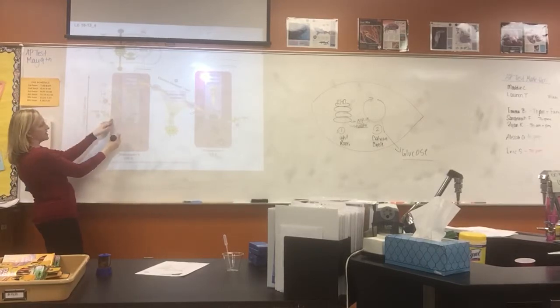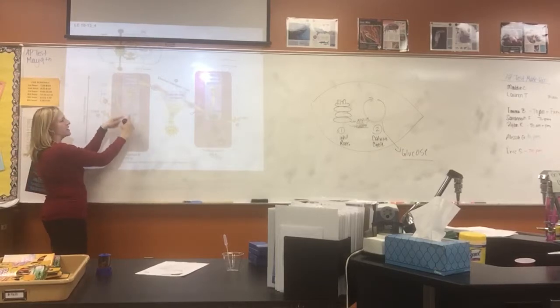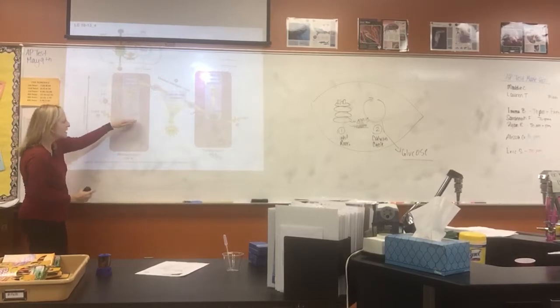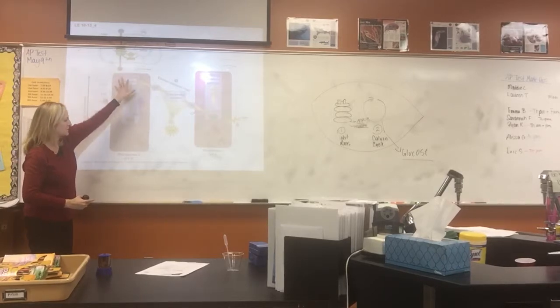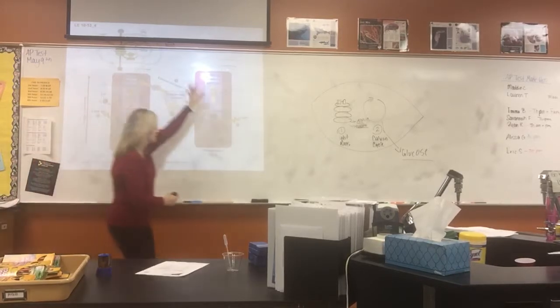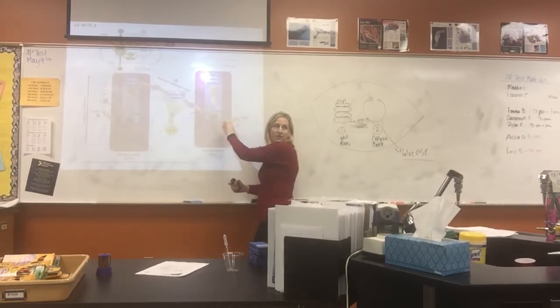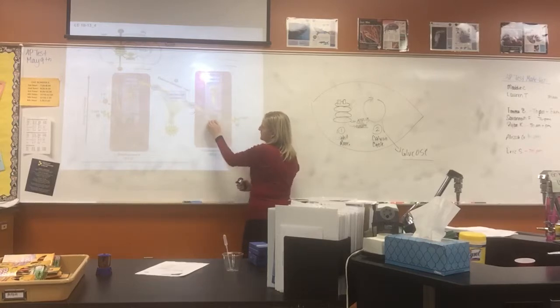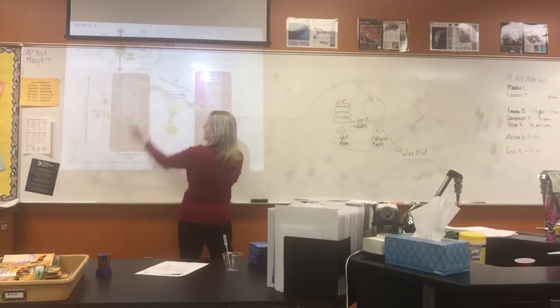So light comes in, is absorbed by a pigment, gets transferred from pigment to pigment, eventually getting to chlorophyll A. The electron gets excited, and the primary electron acceptor accepts it. So that's a photosystem. Here's the second photosystem, the same thing going on. Light coming in, pigments absorb the light, gets transferred from pigment to pigment, eventually going to chlorophyll A. Electrons get excited. So these two photosystems, the same thing is happening.